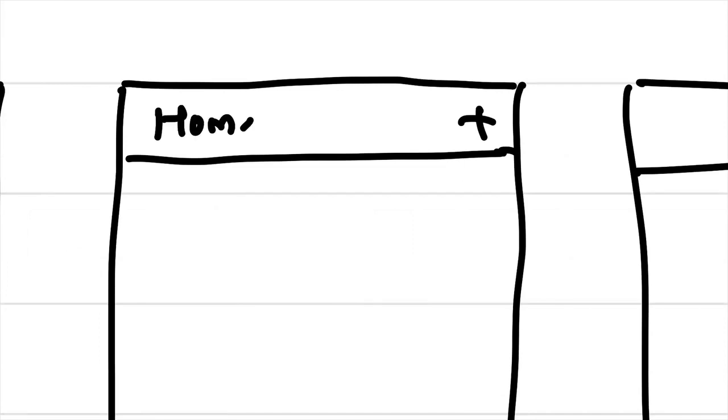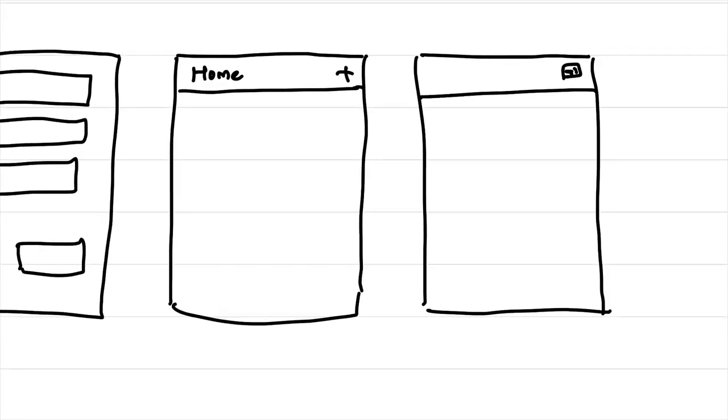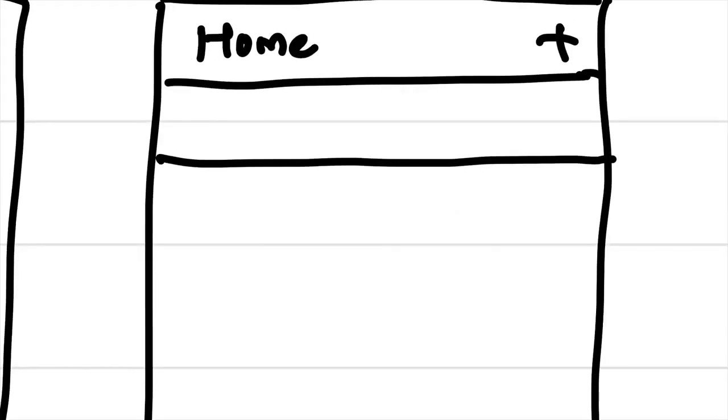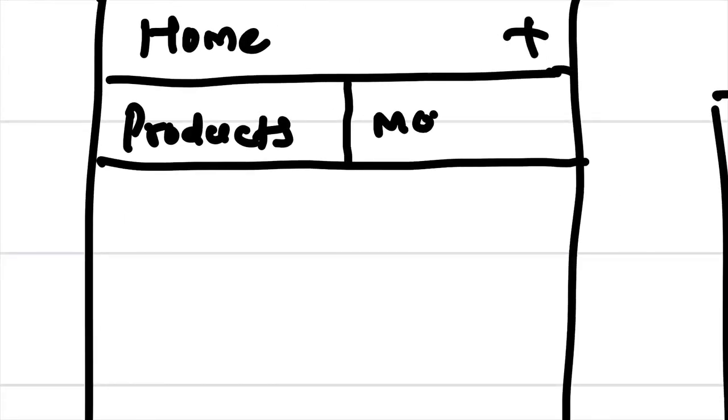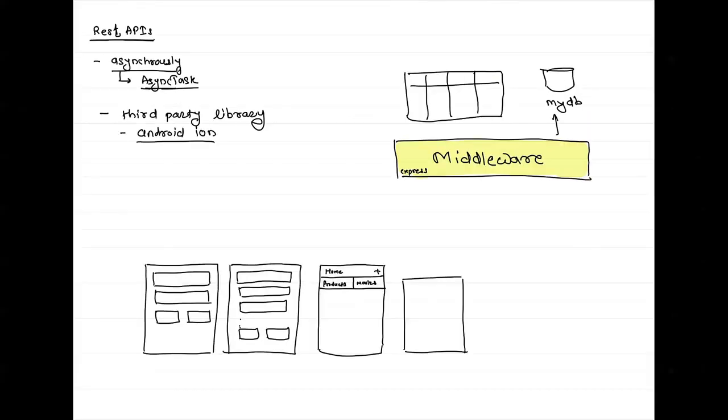Right inside this, we'll go for a fragment, and that fragment will be loaded right below this. Maybe I want to say products here, and let's add one more, let's say movies. So at least we will have two fragments.